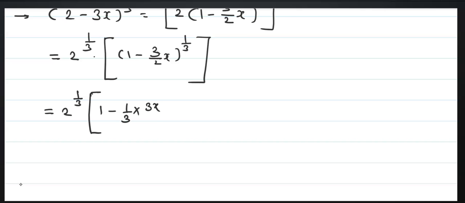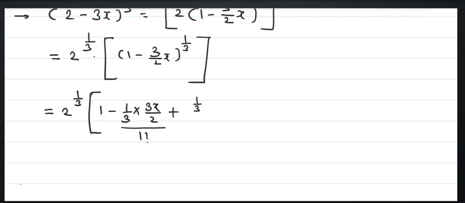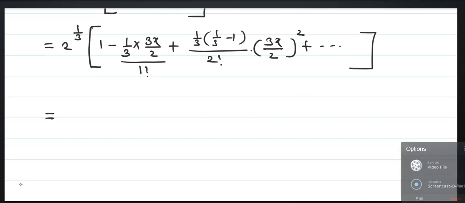Now the expansion is: here the middle term has a minus sign, therefore alternately we will get plus and minus terms. Now here is 1 by 3, (3x upon 2) raised to 1, upon 1 factorial, plus 1 upon 3 into (1 upon 3 minus 1) upon 2 factorial, (3x upon 2) square.